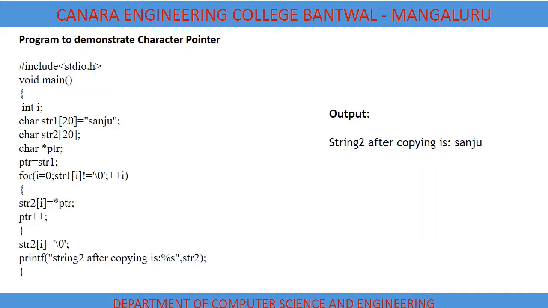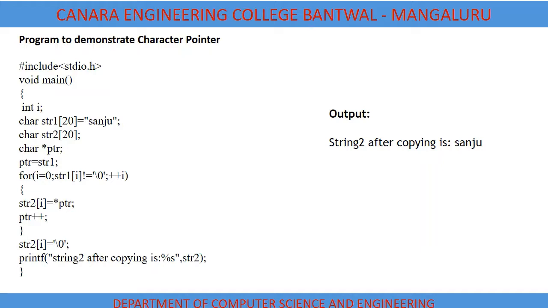Then we are trying to store the content of string 1 into string 2, which we have done by storing one by one characters. str2[i] is equal to *ptr. We are incrementing ptr one by one, so that it fetches the characters from string 1 and copies them to string 2, and at the end it is going to print the content of string 2.